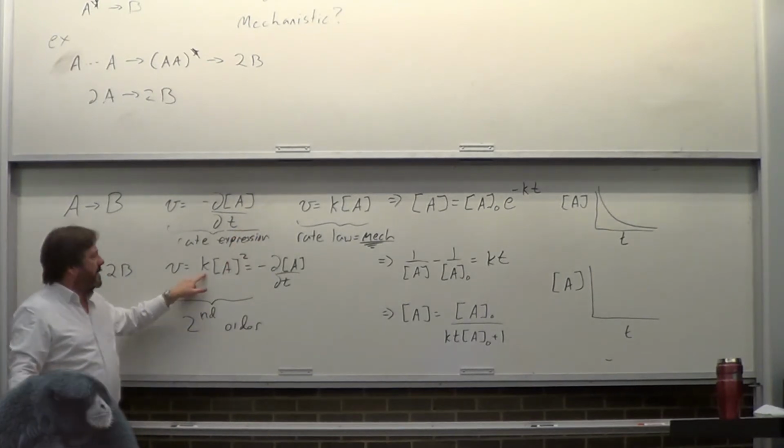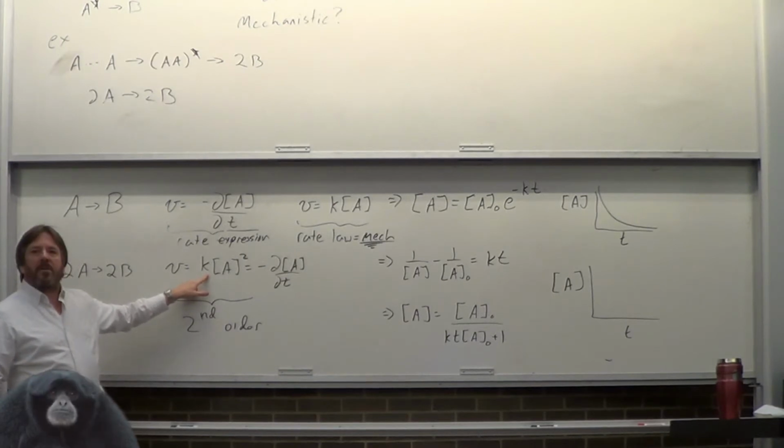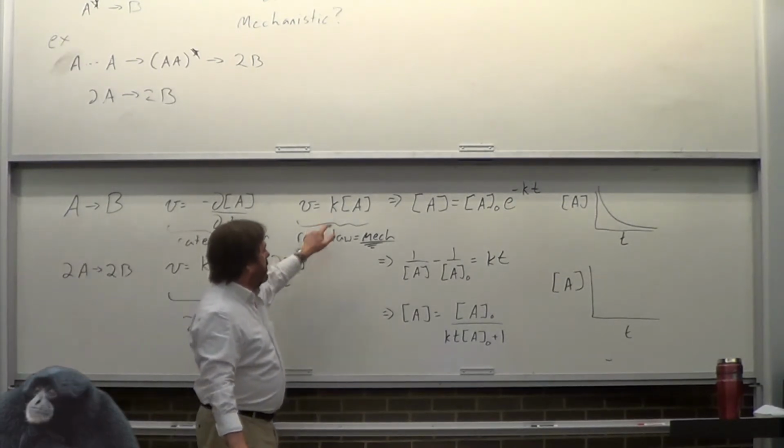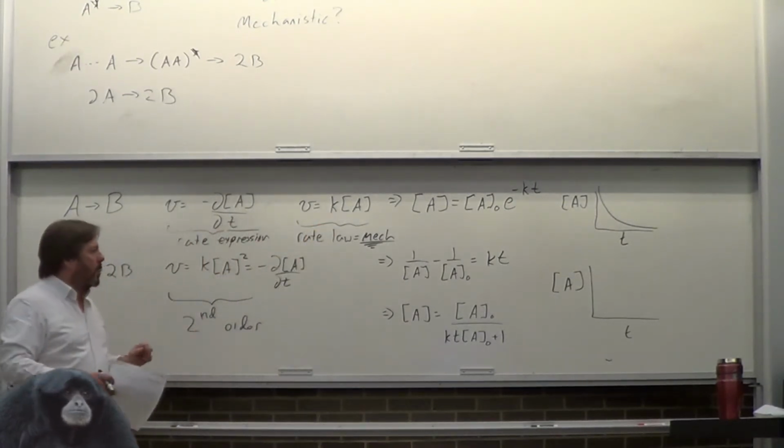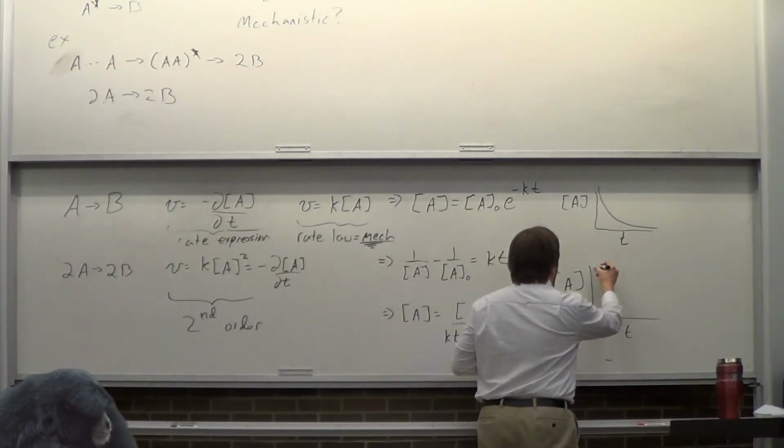Another way to think about this is to look at the rate constants. This would have units. We've got to have 1 over time. And it looks to me like this would have units of 1 over mole, 1 over time, whereas this one would have units of 1 over time. So that's another way to know what order. Now second order looks more like a 1 over x behavior.